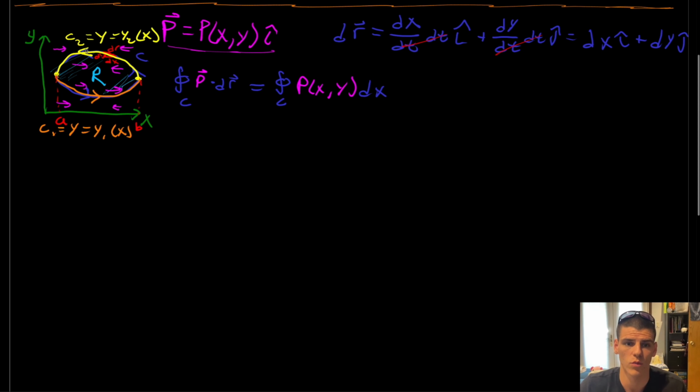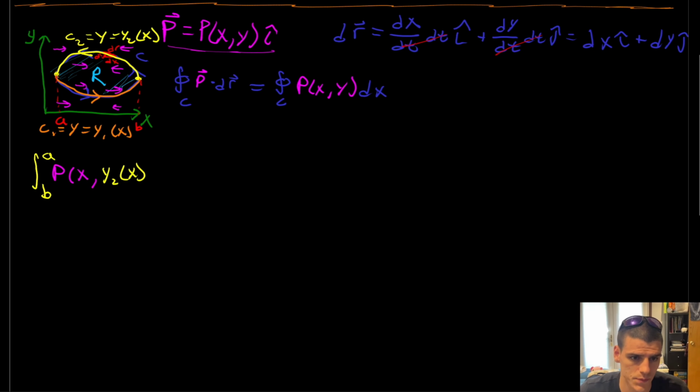So we'll start out here with this top line. Since it's going counterclockwise here, it'll start at b and go to a. So b will be the bottom bound and a will be the top bound, of P of x, comma, and then y will now be a function of x, so it'll be y2 of x, and that's all times dx.